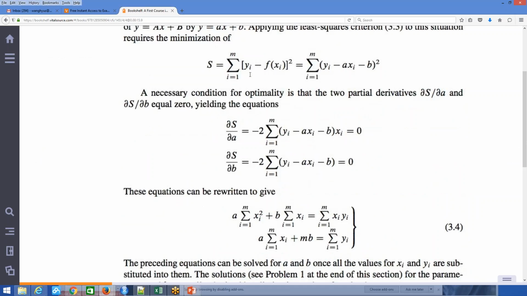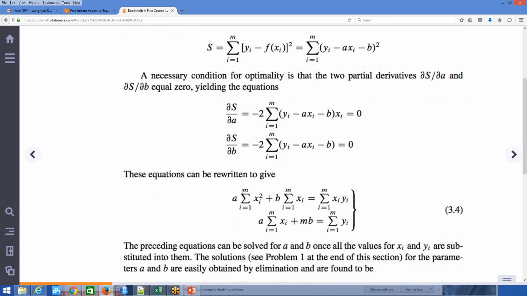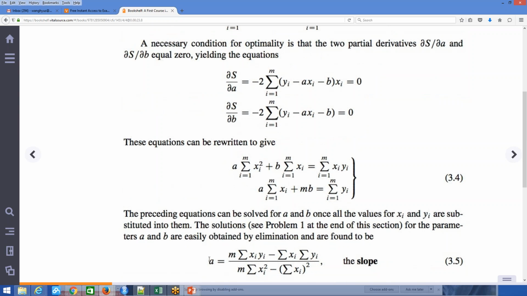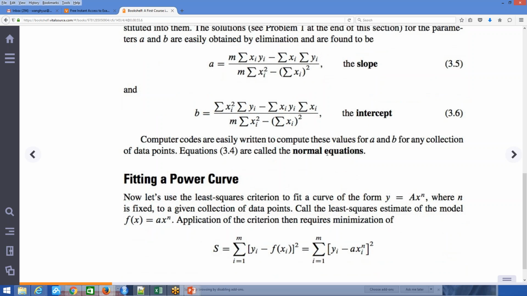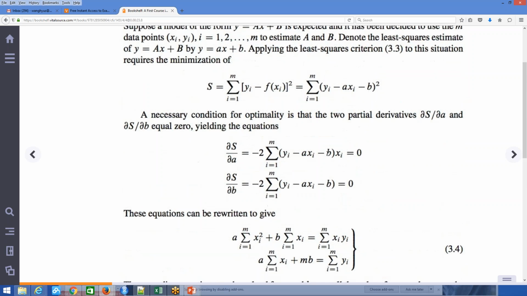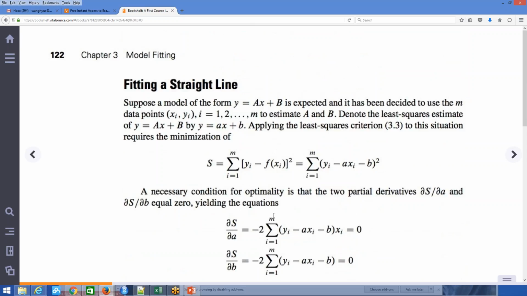To solve this, you take the first order derivative and set them to 0, and you can solve for A and B. So it's universal: you can solve for the slope and the intercept. To make sure that it's a minimization, you take the second order derivative and check that it is always larger than or equal to 0, so you can get the minimum that way.